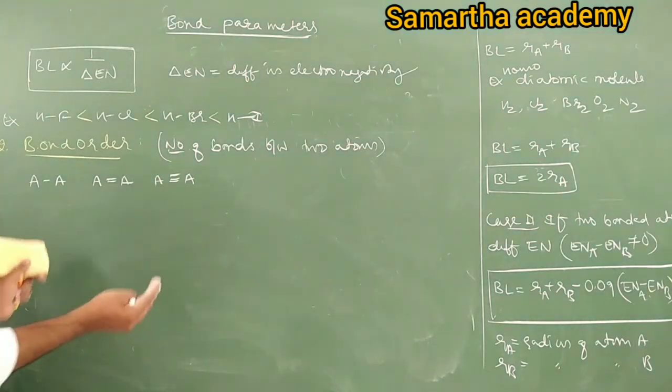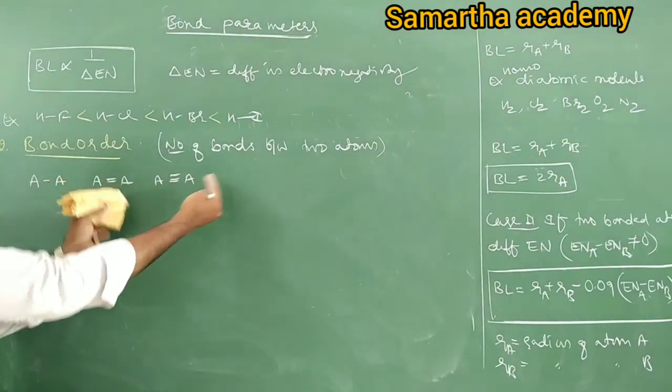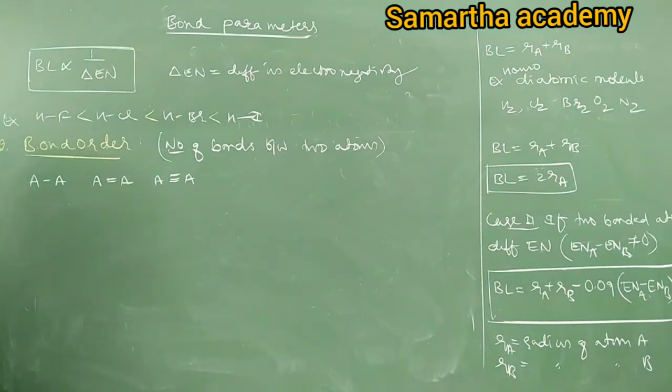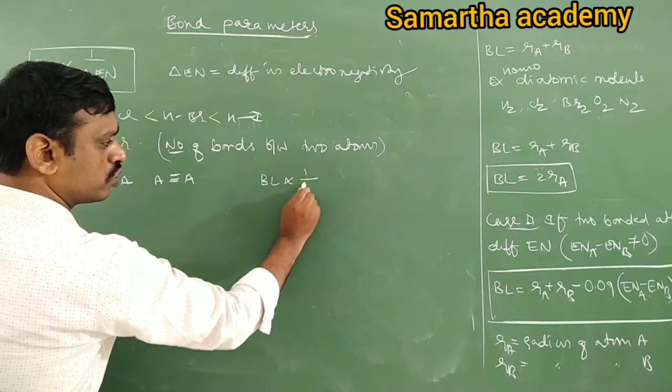As the number of bonds increases, attraction between the two atoms increases. When attraction increases, these two atoms come closer, so bond length decreases. More the number of bonds, less the bond length. So bond length is inversely proportional to bond order.